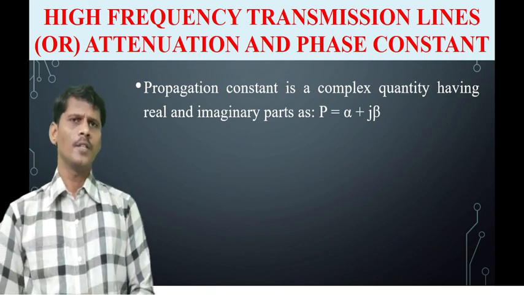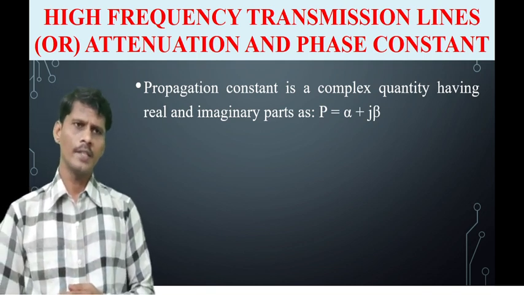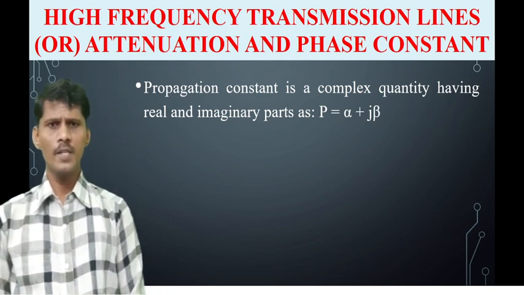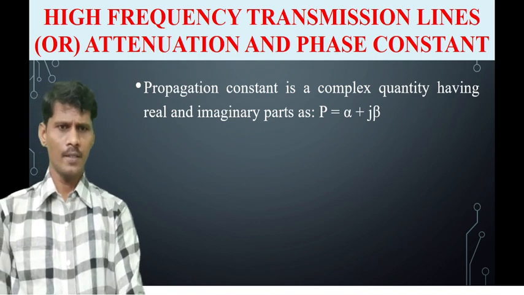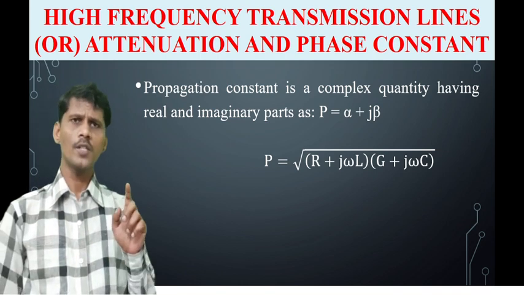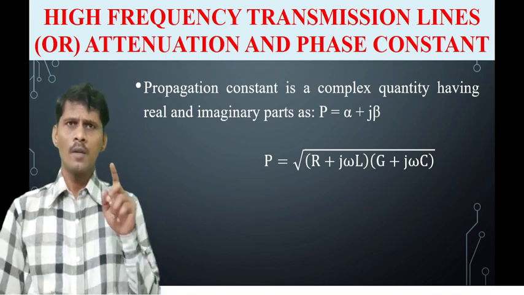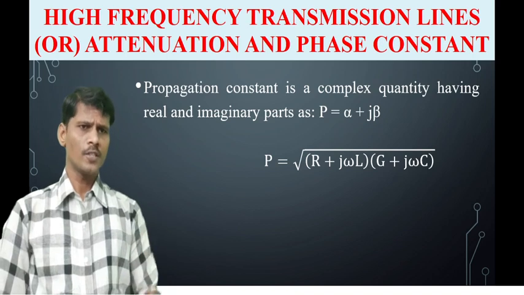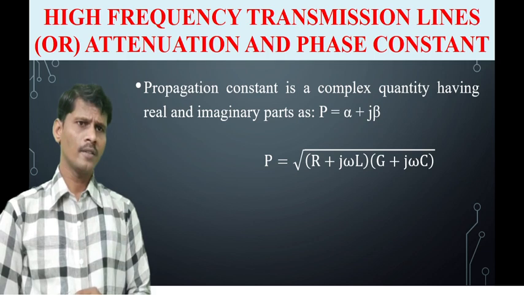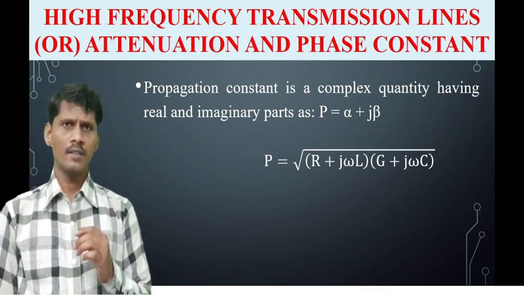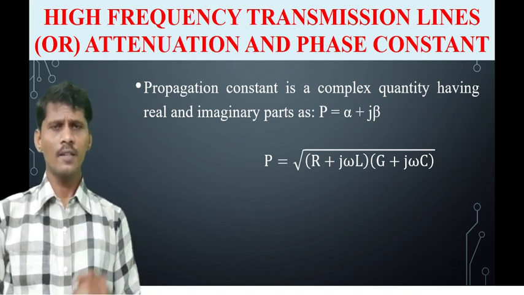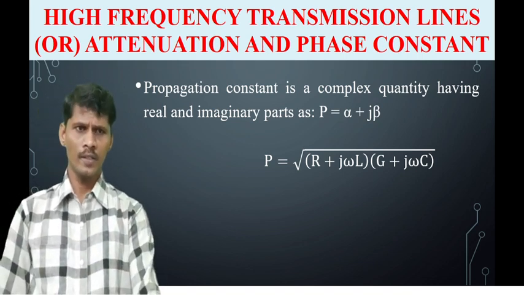We know that the propagation constant is a complex quantity and it is given by P is equal to alpha plus j beta, which is equal to square root of R plus j omega L into G plus j omega C, where R is the resistance per unit length, L is the inductance per unit length, G is the conductance per unit length and C is the capacitance of the conductor per unit length.